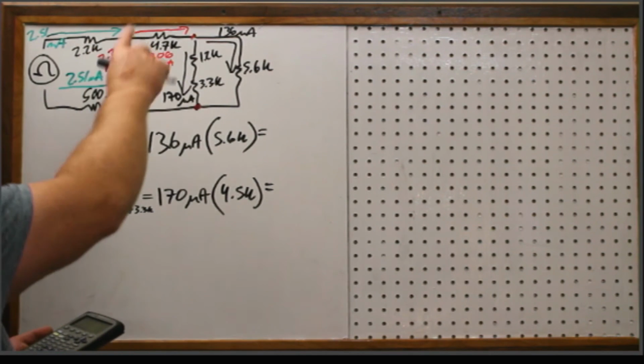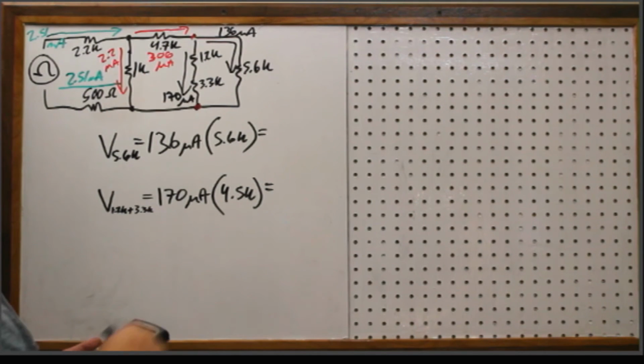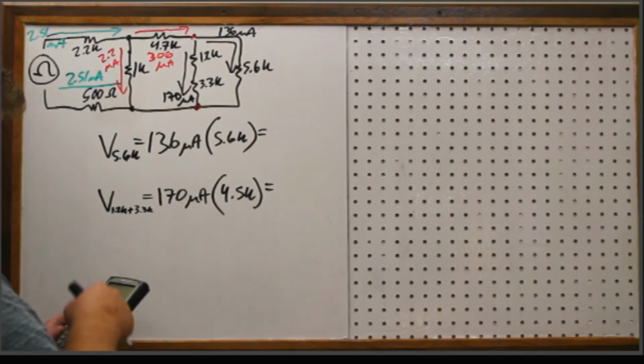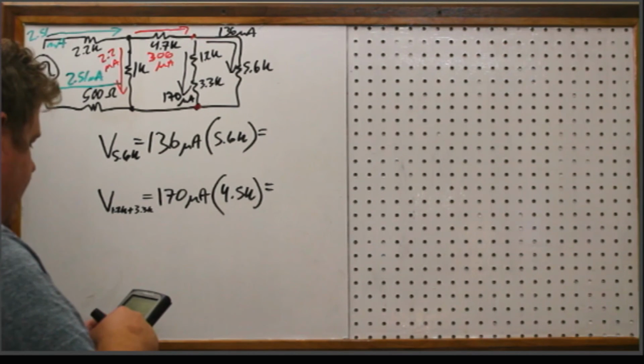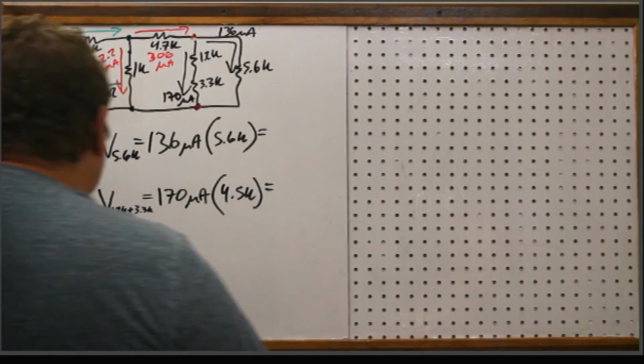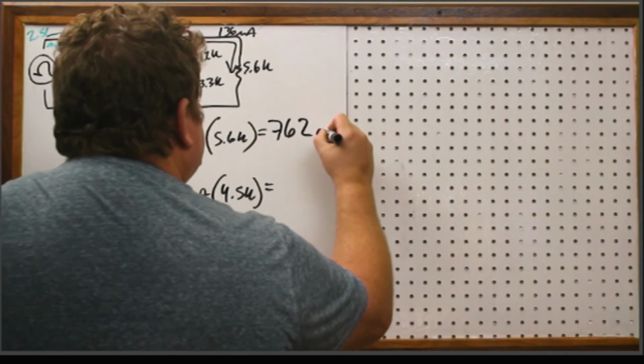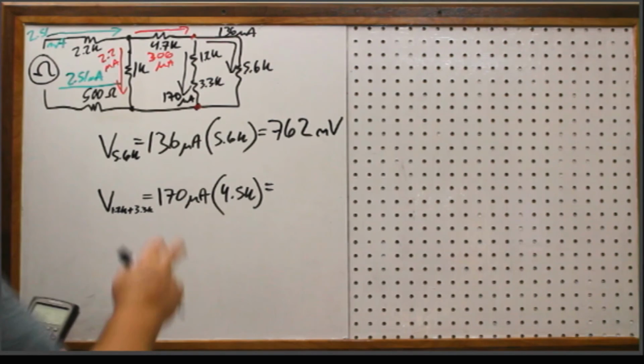The total resistance on both, and then the current for each branch. So the first one, again, 136E. I guess I got it up here, don't I? That one was 762 millivolts, right? So I expect the same thing here.